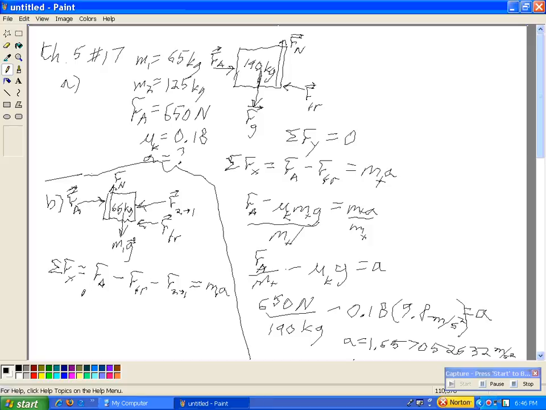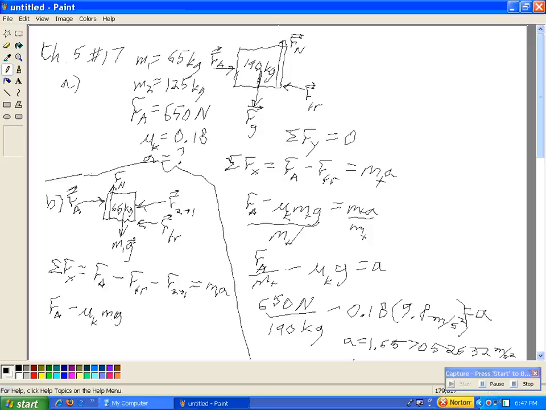Okay, now let's spell it out. The applied force, we know that number. We're trying to find this number. So the friction force is mu k m1 g.